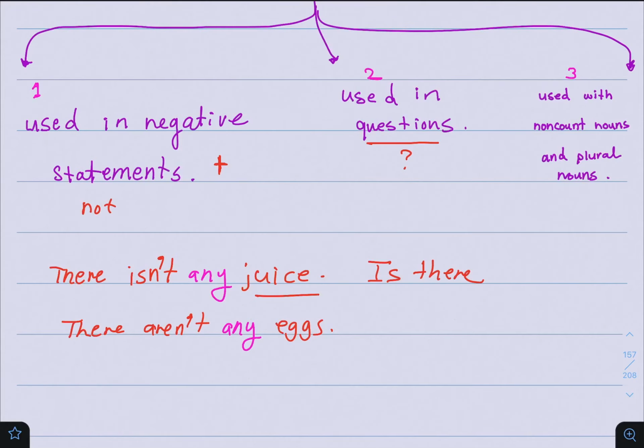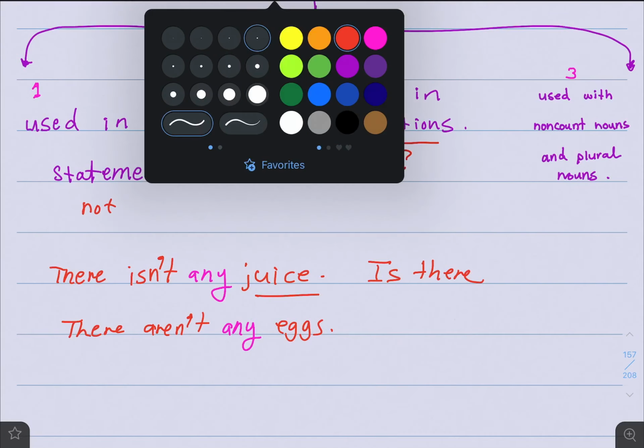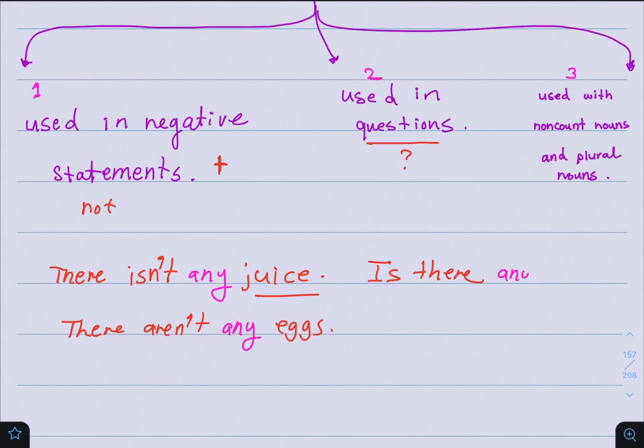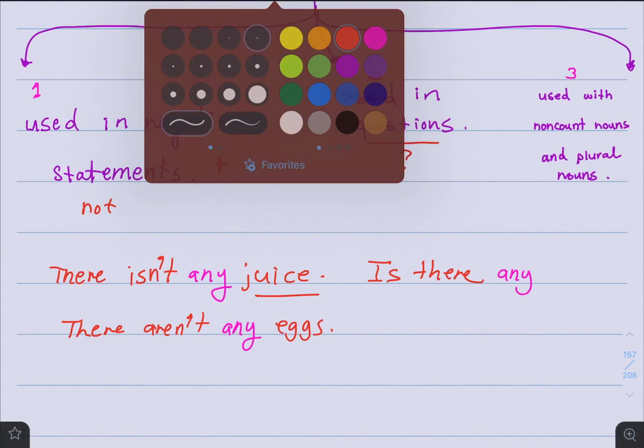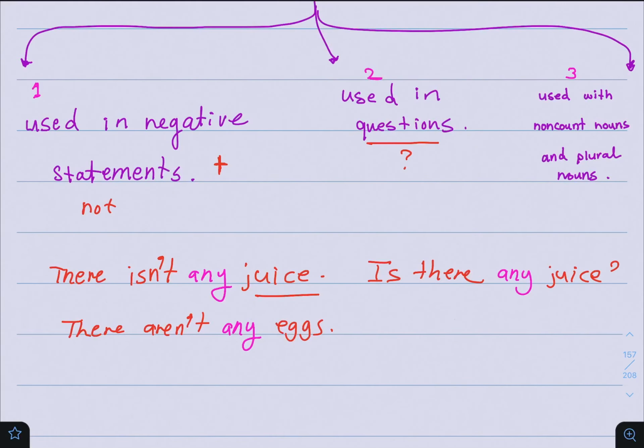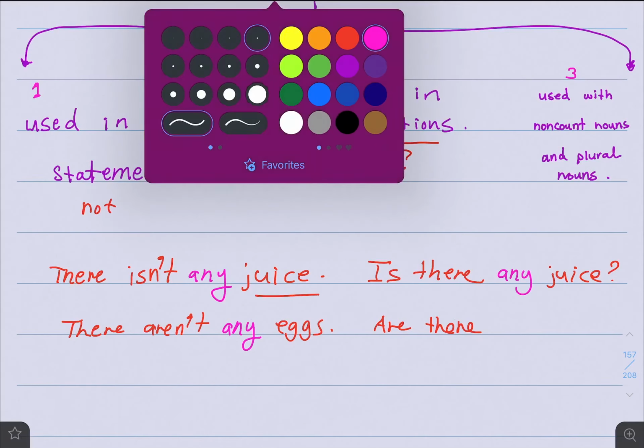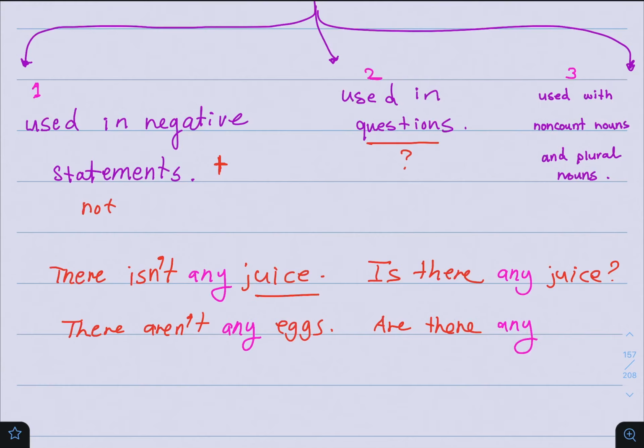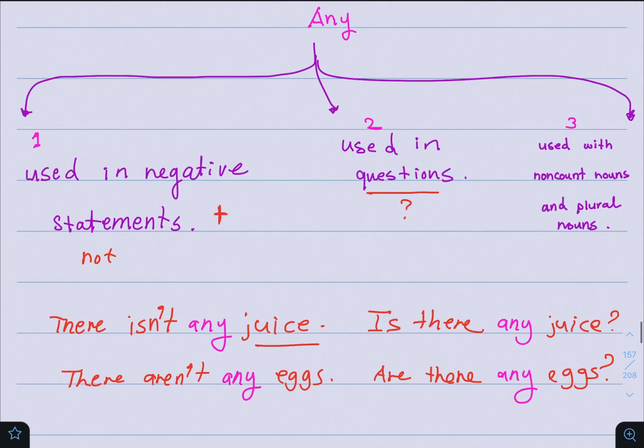Is there, طبعا مثل ما وضحت لكم مسبقا راح يكون any, okay, and juice, question mark. Okay, and there aren't any eggs, it's gonna be are there, and again I'm gonna use any. As I said previously, we use any with the questions, and the noun here is eggs. All right, so is that clear? So any تستخدم مع negative statement in questions, and also any is used with non-count nouns and plural nouns.